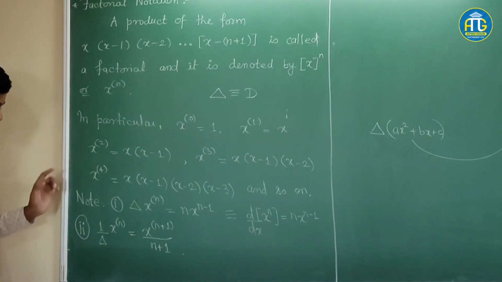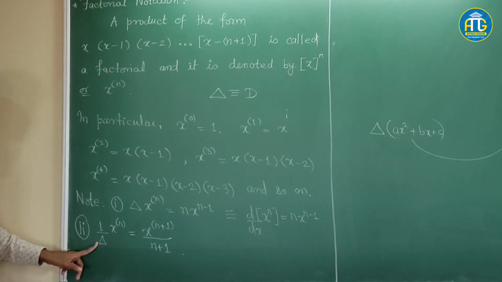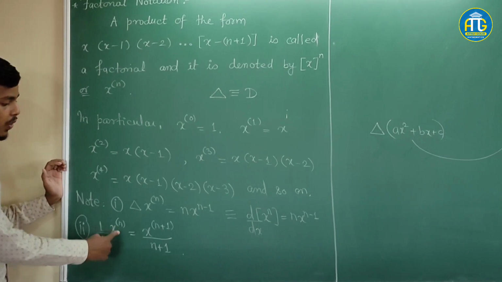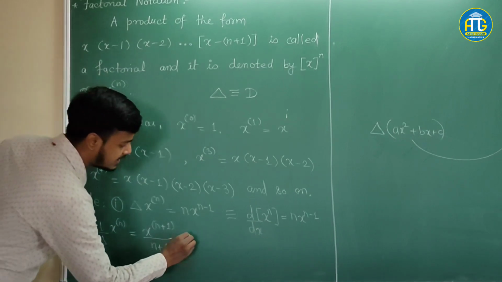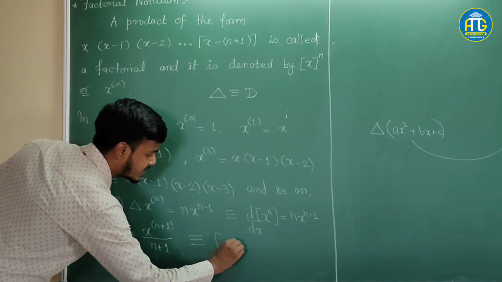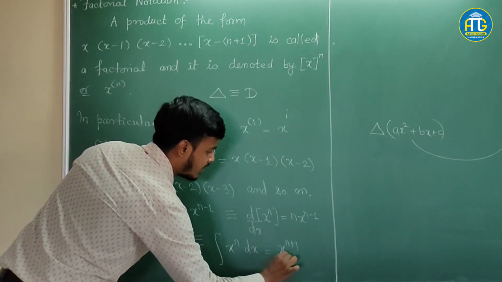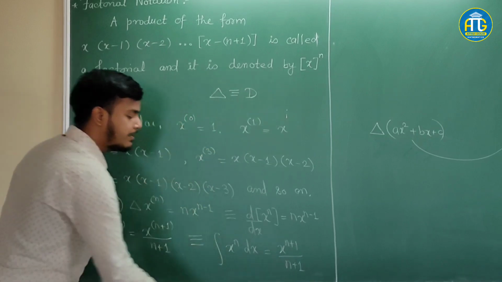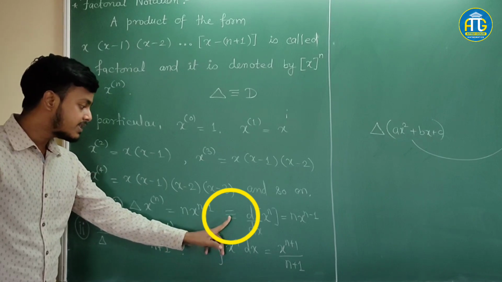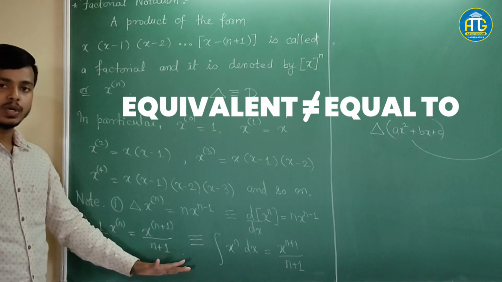So 1 by delta, that is the inverse forward difference operator, works as an integration or antiderivative. So this is equivalent to the integration of x to the power n dx, which is x to the power n plus 1 upon n plus 1. Let me be precise about this. This is not equal. I am saying this is equivalent to. There is a huge difference between equivalent and equal.